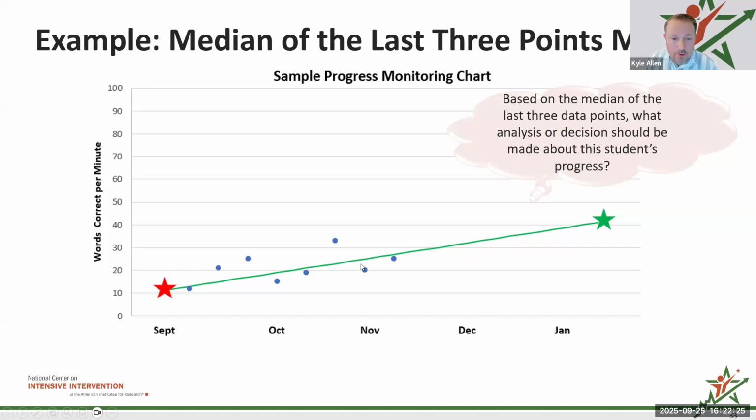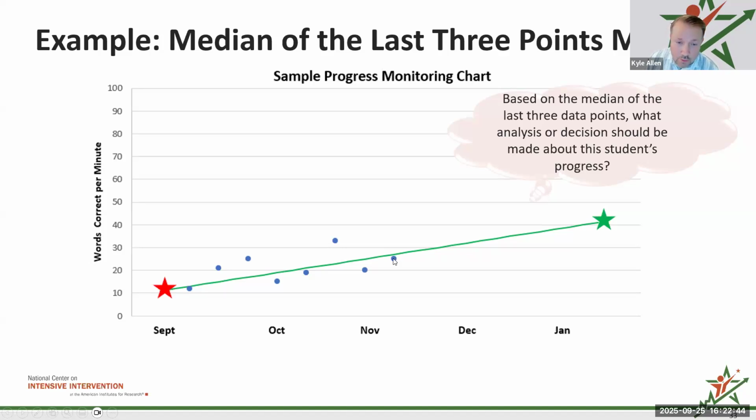Okay. So median of the last three means the middle value of the last three data points. Here's your highest, here's your lowest, here's your median. Okay. Now, I could go either way on this, and I think as long as you have data to substantiate your claim, I would be fine with whatever decision you made.